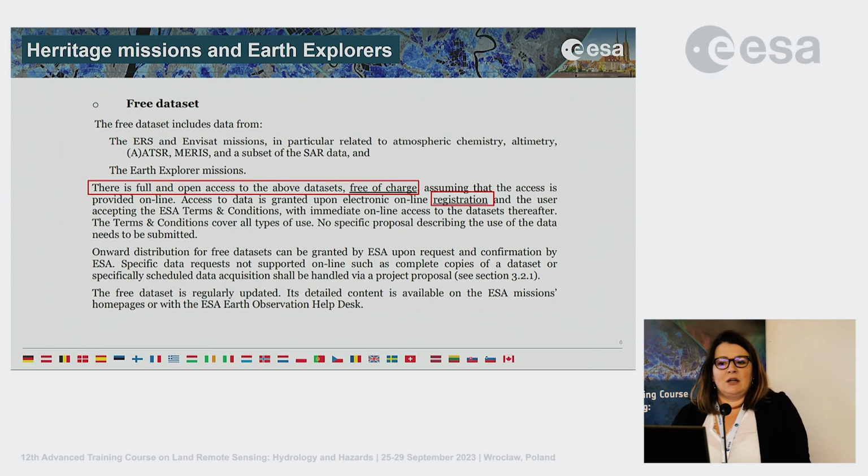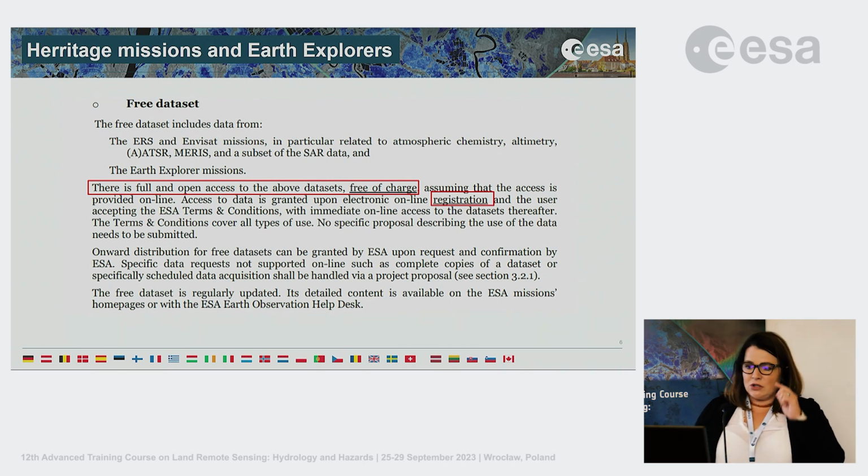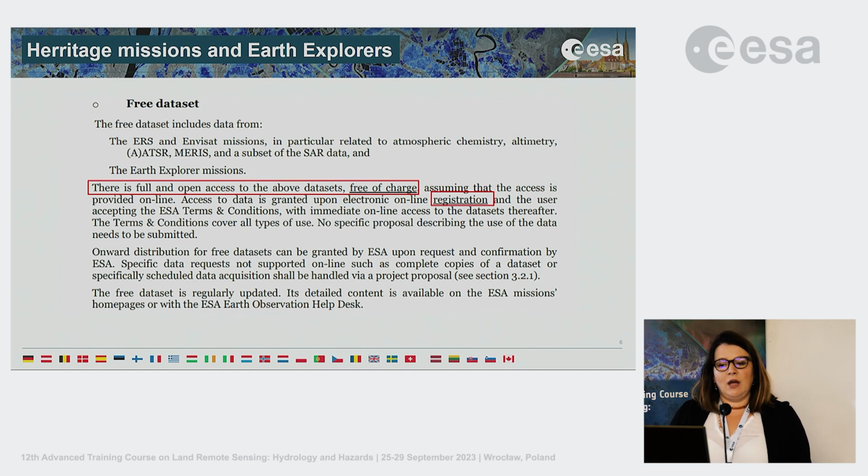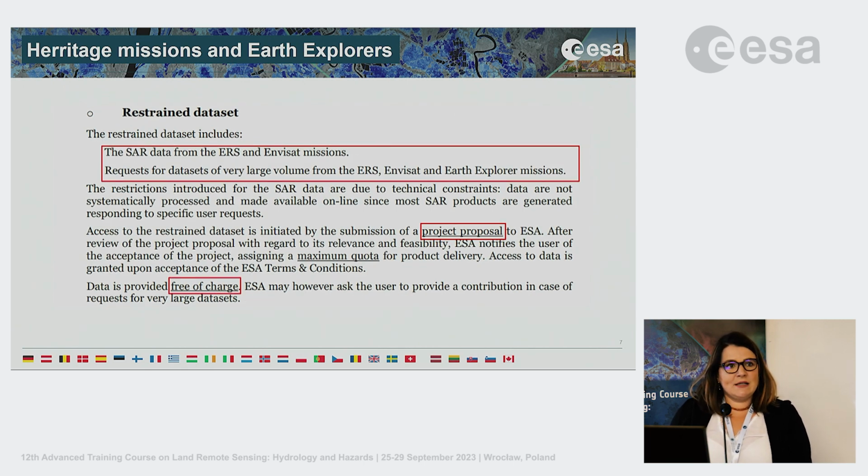For the heritage missions and Earth Explorers, you can have access. Some of the data are free data sets. You just go to the website that I will show you later on, and there is full open access to the data. You just need to register, create an account, and then you have all these data sets available for free. There are also some restricted data sets, especially the large volume of data from some of the missions, for which you would need to submit a small proposal, but this is a really very small proposal.